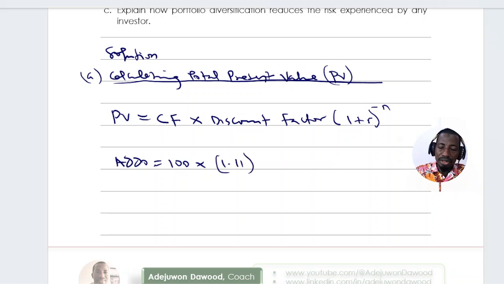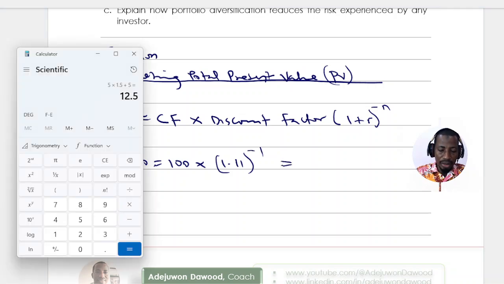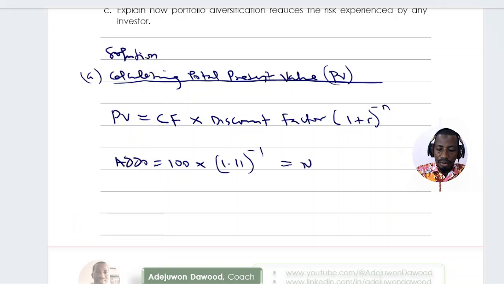The useful life, which is N, is 1. So minus 1. Bring out the calculator: 1.11 raised to power 1 minus, equal, then multiply by 100 equal, that's 90.1. Okay, the total present value of Ado PLC is 90.10 million.